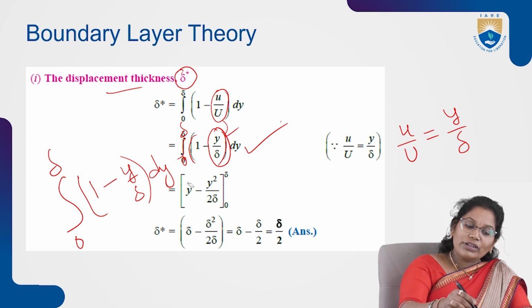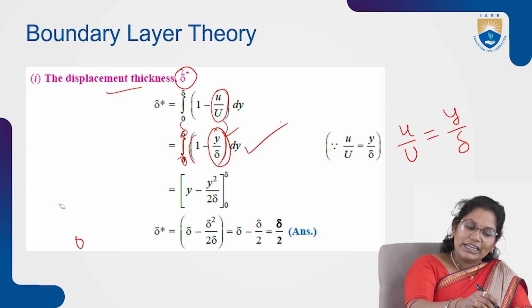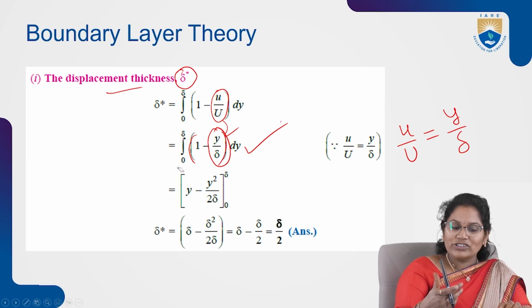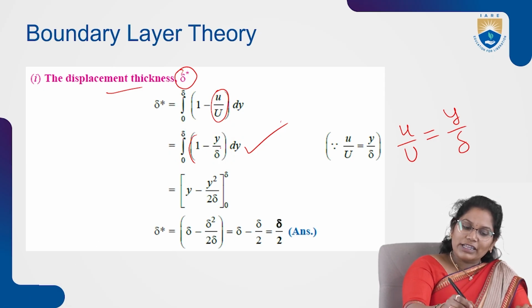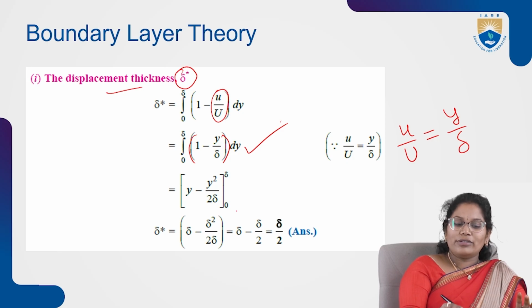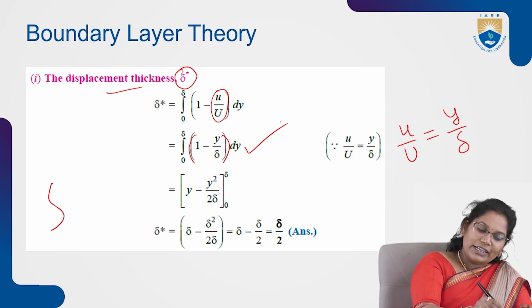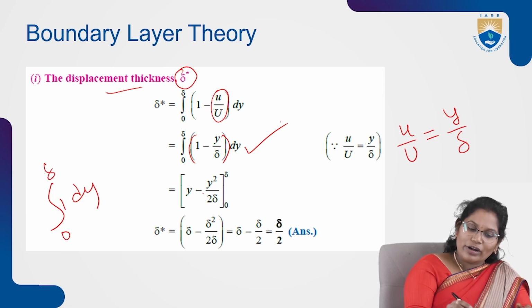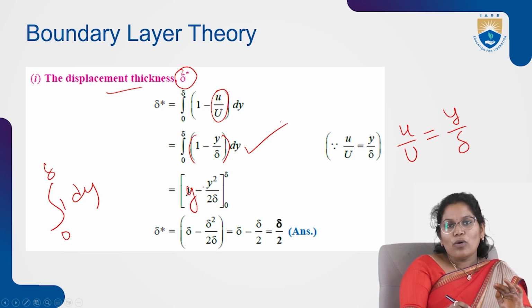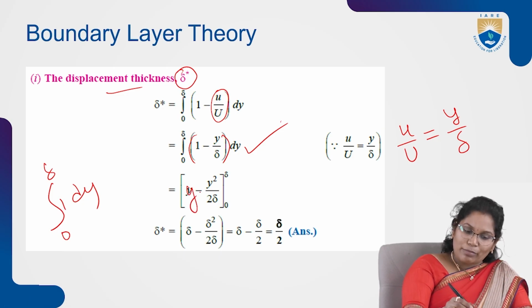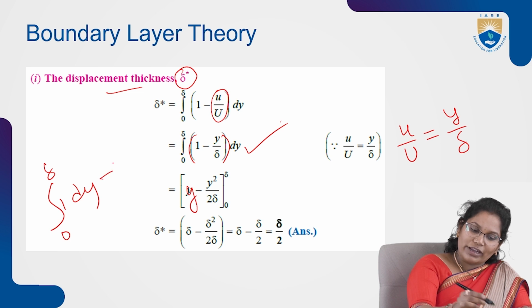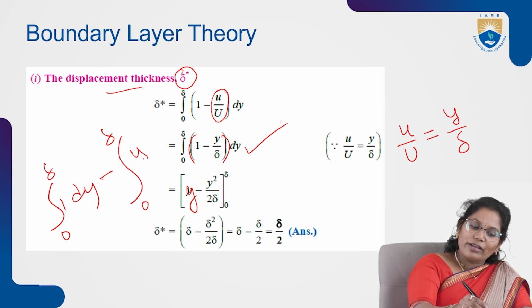So here, the integration of 1 into dy from 0 to delta, what happens? Integration of 1 into dy is y. Minus, again, integration of 0 to delta y by delta into dy.